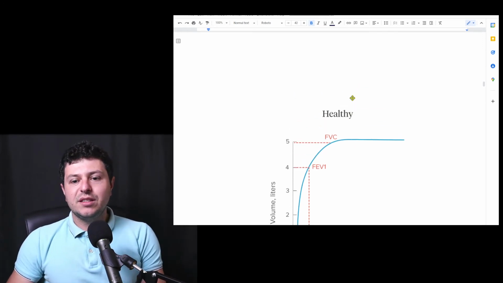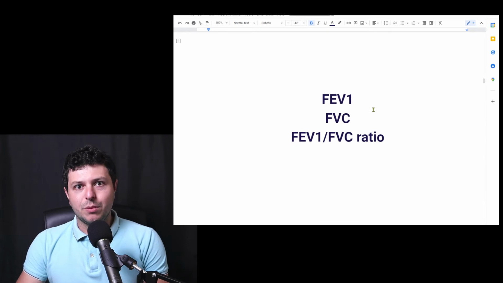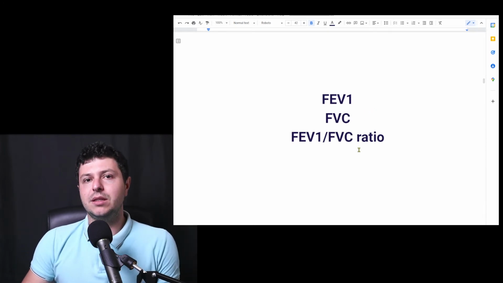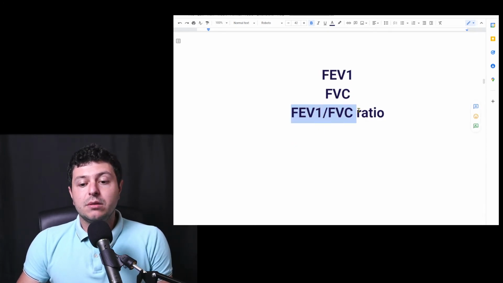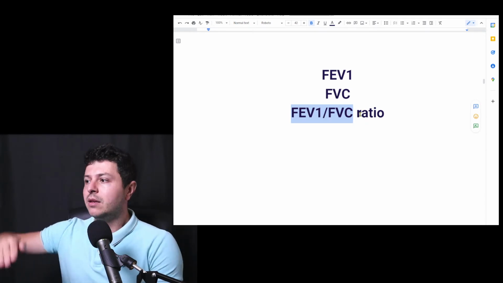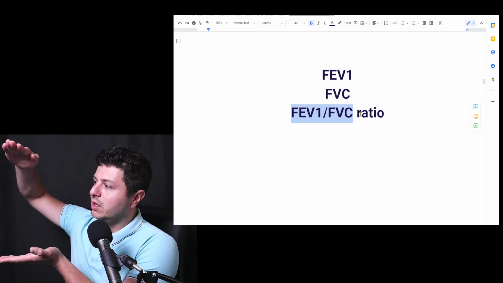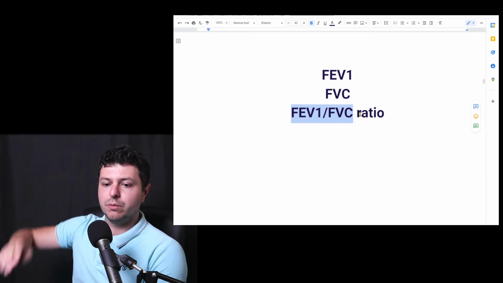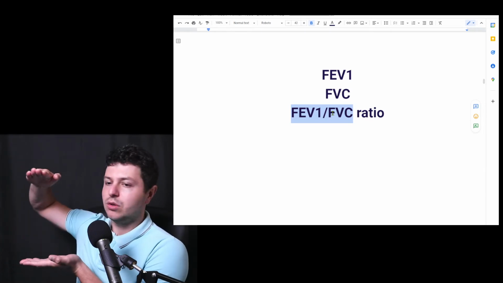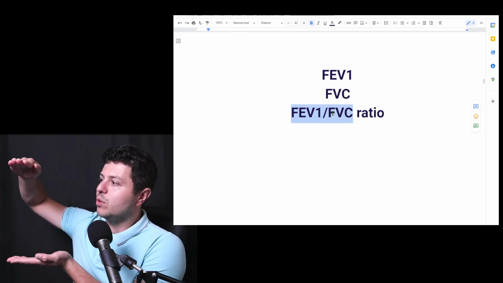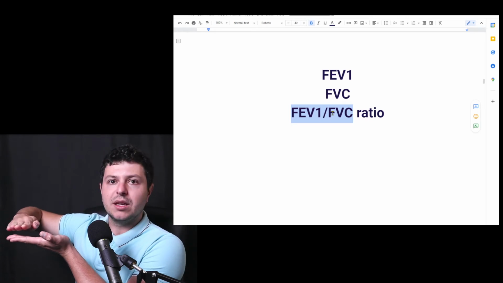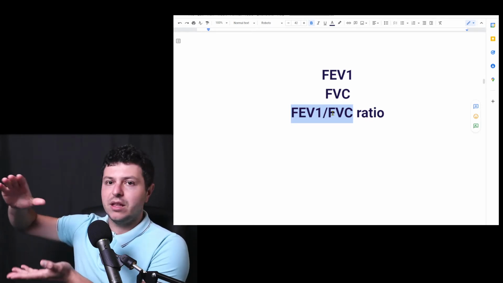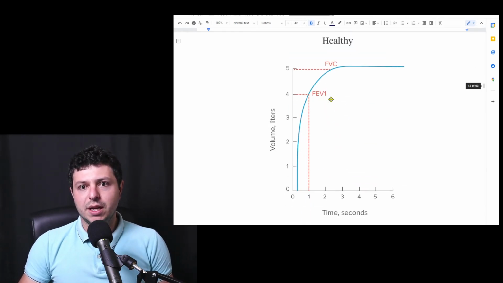So these are the two values that we measure on the spirometry. I think it's important to explain it in this way, because then we get to this ratio. This is the ratio between the total volume, the bottom number, the FVC, which is the total volume of air, and the FEV1, the volume of air that we can get out in the first second. And this is where the ratio comes in.